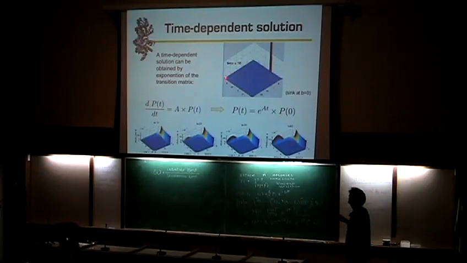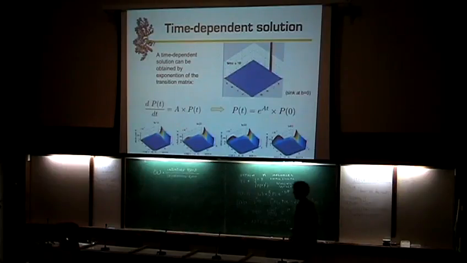In the case where you put a sink over here, say you start over here where one of the peaks is, and if your system gets to this edge of the pyramid, it disappears over there. So these are probabilities.